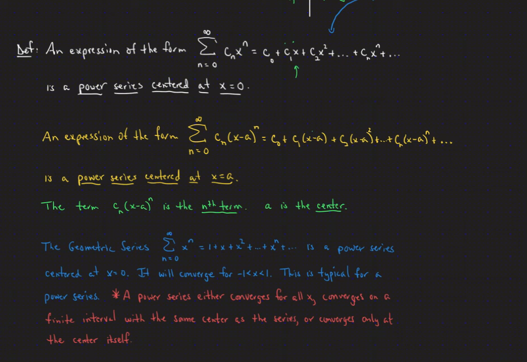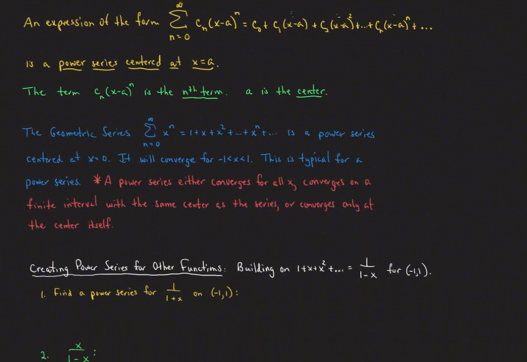So it's really easy to see what the center of a series is. If all you see is powers of x, that's centered at 0. Otherwise, if these were all x minus 2's, that would be centered at 2. If these were all x plus 3's, that would be centered at negative 3. Now, the term c sub n times x minus a to the n is called the nth term, and again, a is the center of the series.